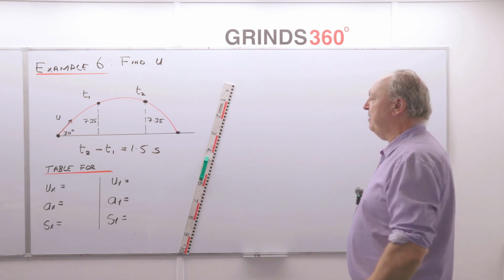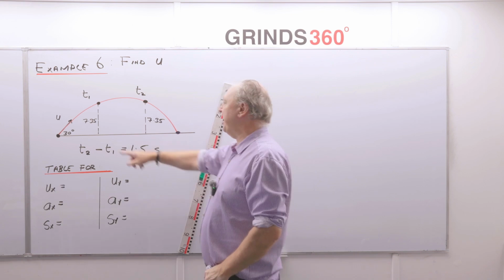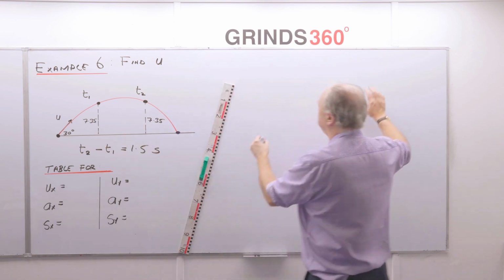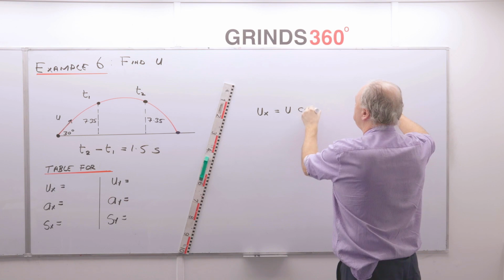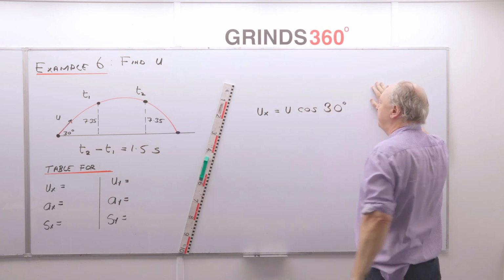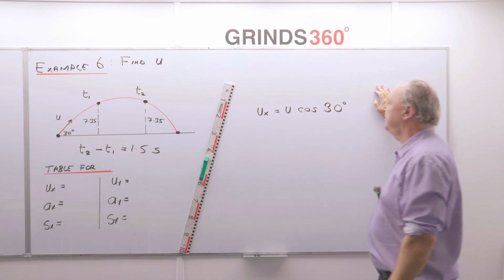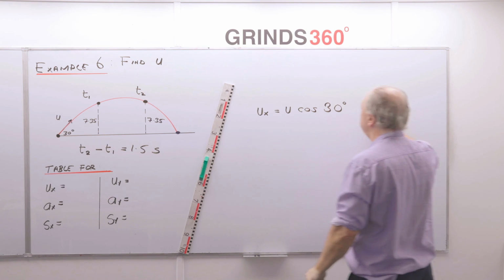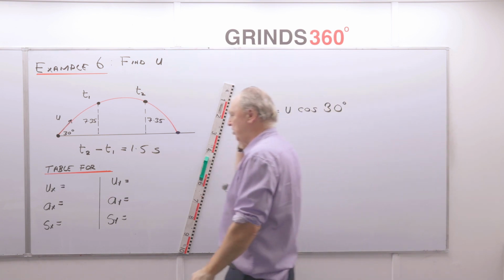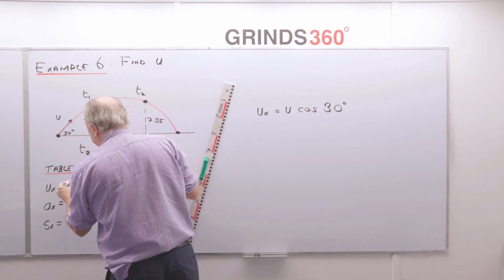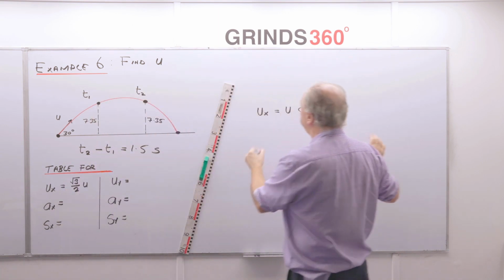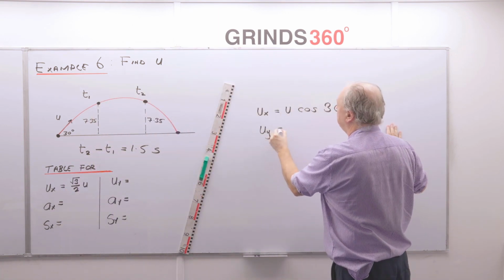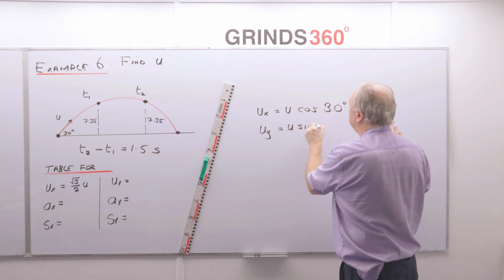Well, let me fill my table in. Ux is u cos 30. That's root 3 on 2. So that's root 3 on 2 u. So ux is root 3 on 2u. Uy is u sine 30.